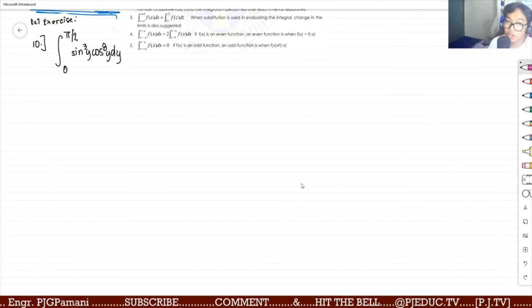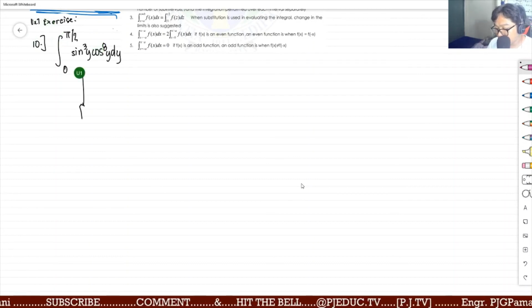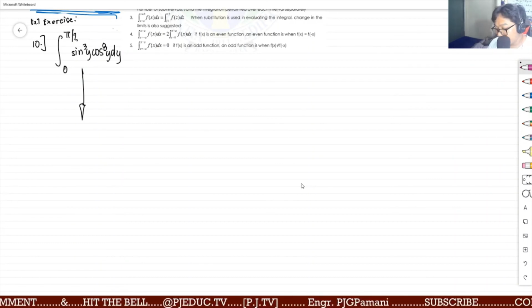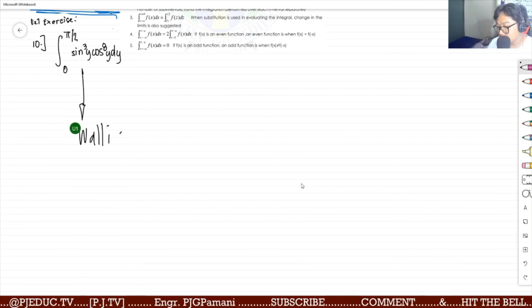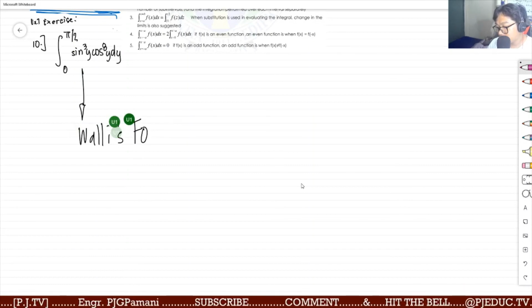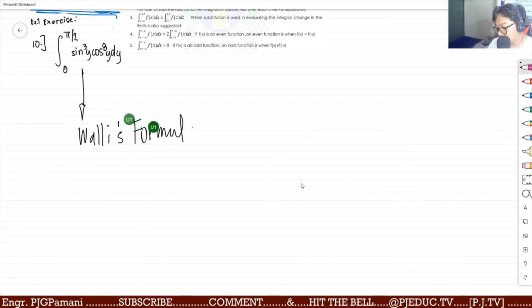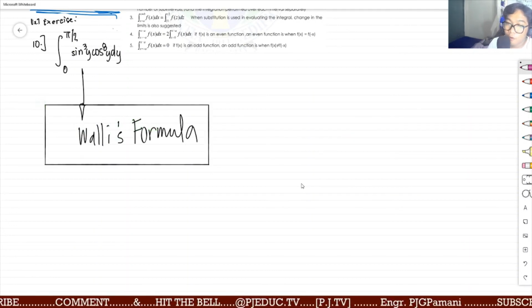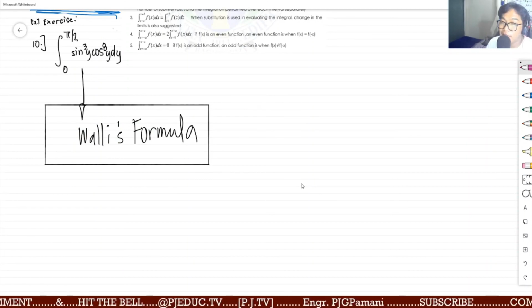Or you can use the next method that we'll have to discuss next meeting for this type of problem called the Wallis formula, which is only applicable for this kind of problem.